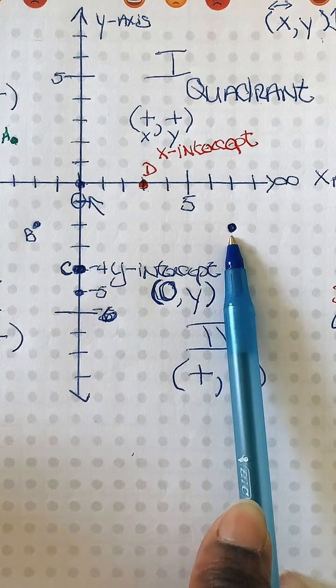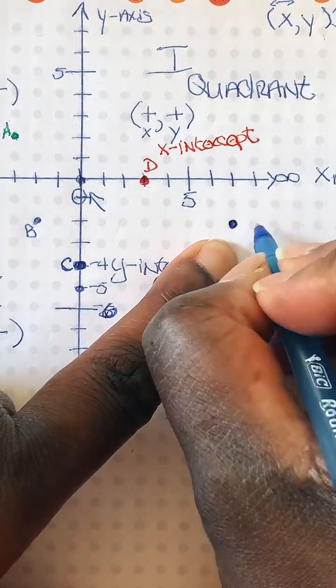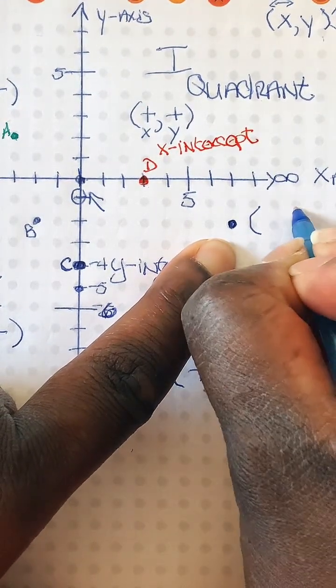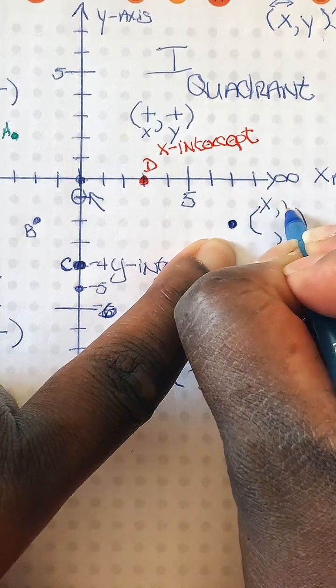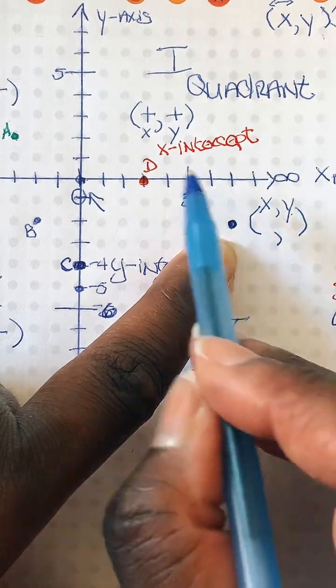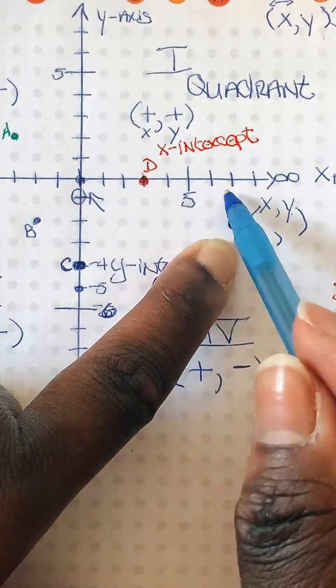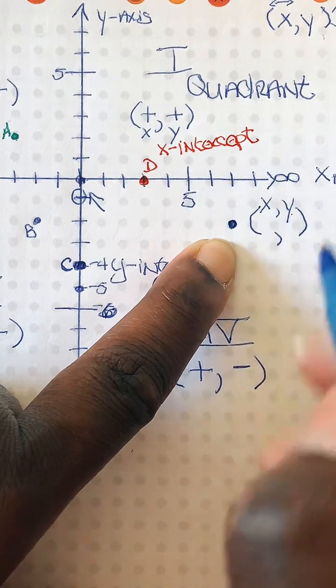That's fun. All right. So the way that we name our points, you always start with the x. Think about the alphabet, x, y, z. X comes before y. So if I start here, here's 5, here's 6, here's 7 on the x-axis.